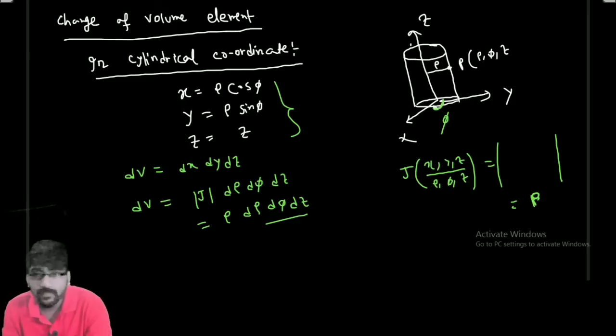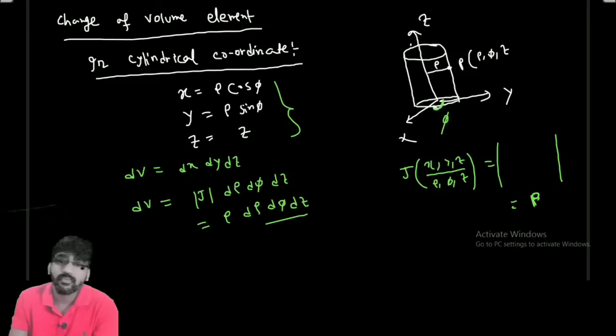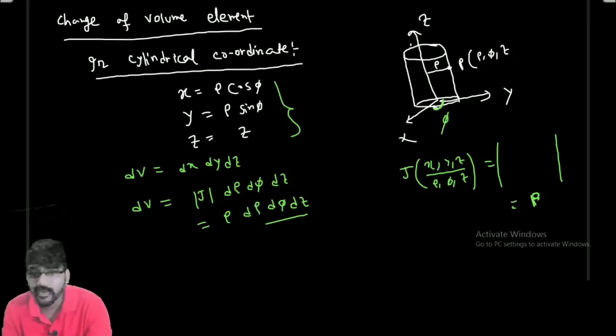Similarly for the spherical polar coordinate system. If you don't know these relations, I will tell you when I teach coordinate systems. There will be a separate class for coordinate systems in classical mechanics, in vector calculus or vector algebra, where I will explain how these relations are written.